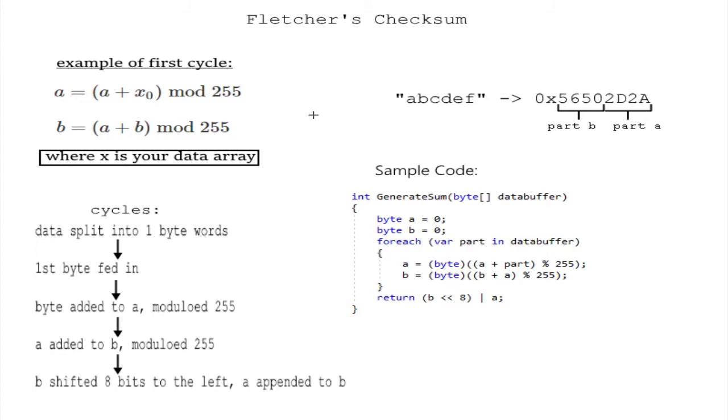So if I am downloading a file, say, off the internet, and the person hosting the file provides a checksum of the file, that checksum is the summation of all data in that file.